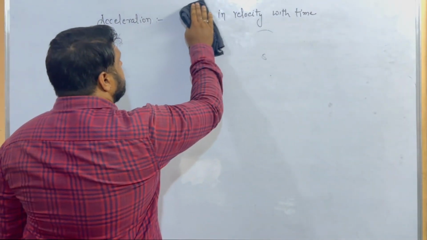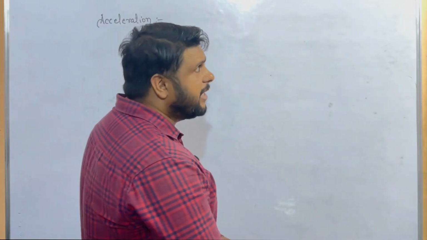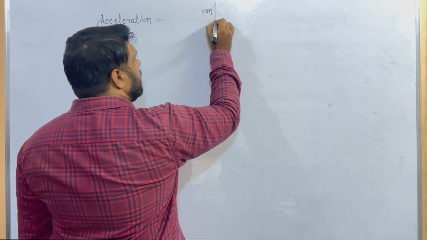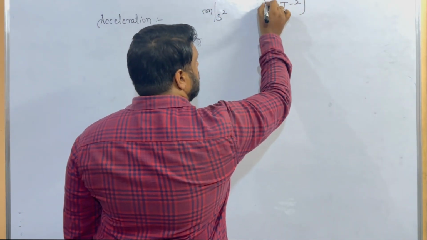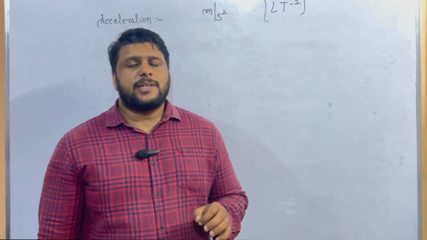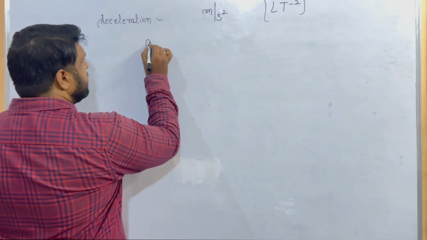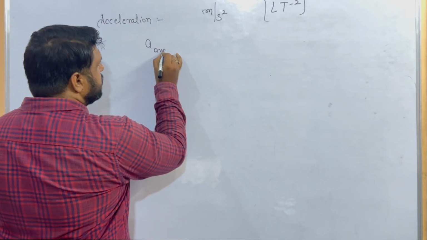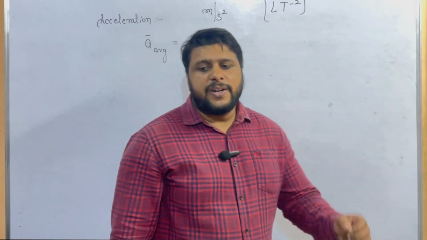This is your acceleration and its unit is meter per second square and its dimension is LT minus 2. Now the next thing you need to understand is your average acceleration, written as a average. How do we find average acceleration?